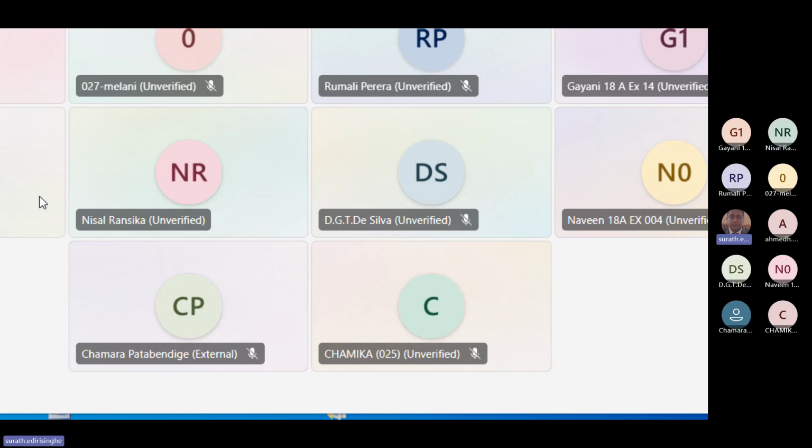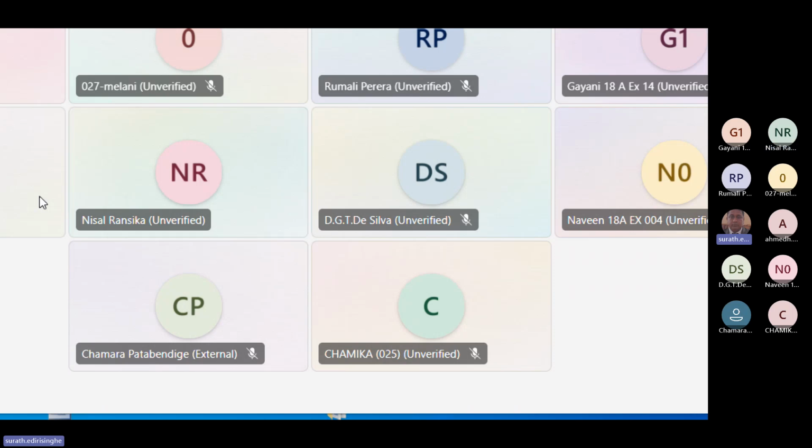I asked them to develop these teams by breakout rooms, but they didn't create them. If they create a breakout room, I can give you a chance to go there and discuss your project activity.